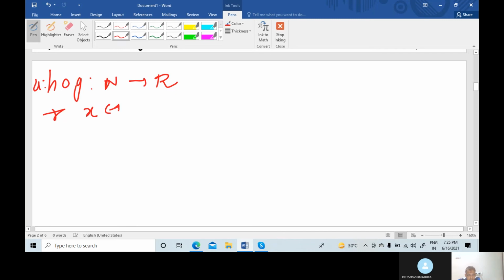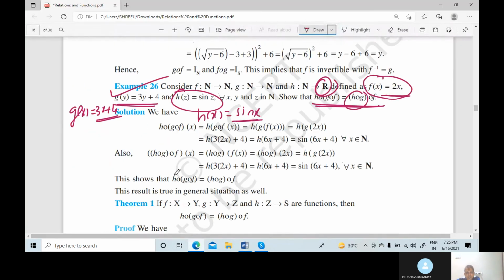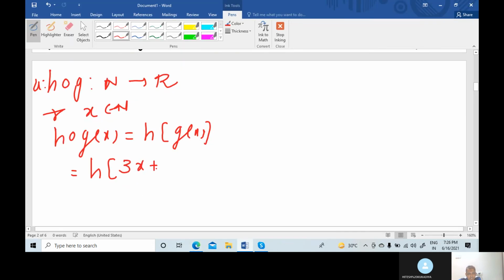So x belongs to the domain N. (h∘g)(x) = h(g(x)). What is the g(x) function? g(x) is 3x + 4. Put it in for the function h; h(x) is sin x. So sin(3x + 4). It is also called u(x).